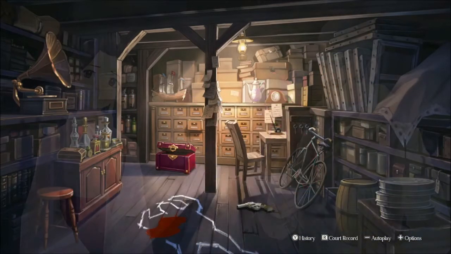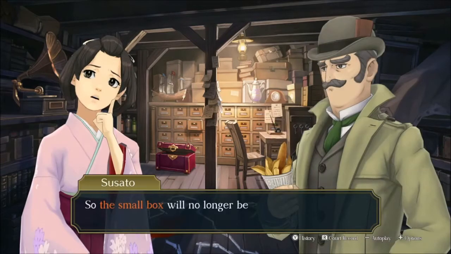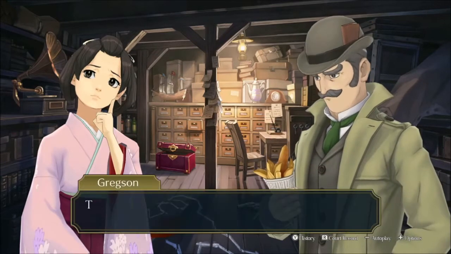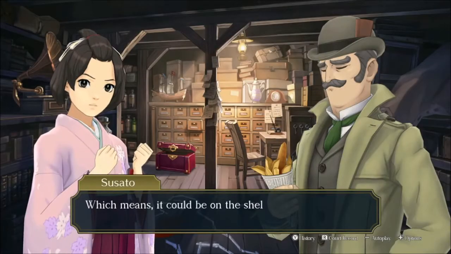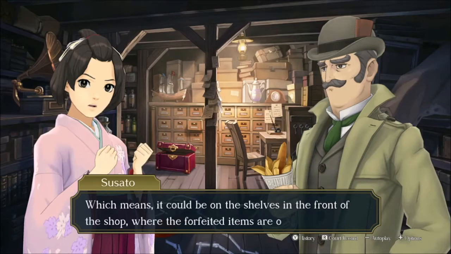By what, 2 days? I think it was 2 days. So it could be that the culprits came here to find that box and whatever's inside the box.